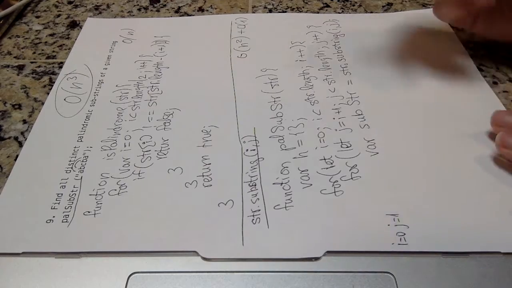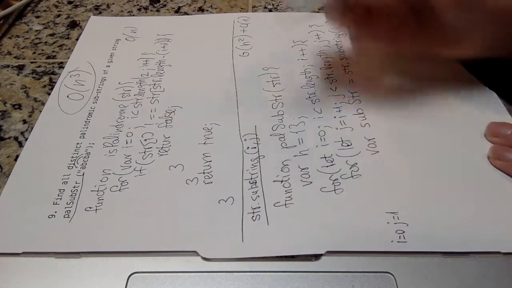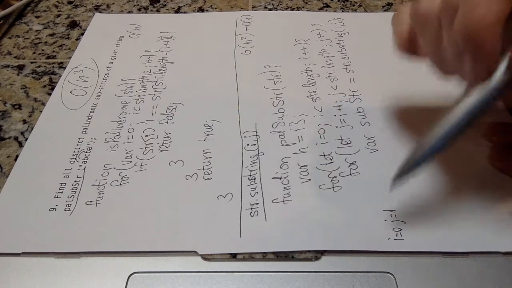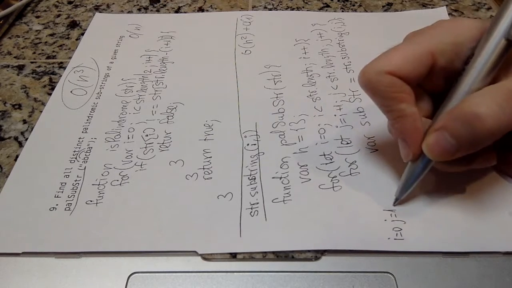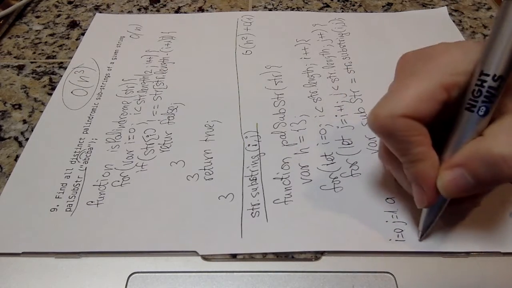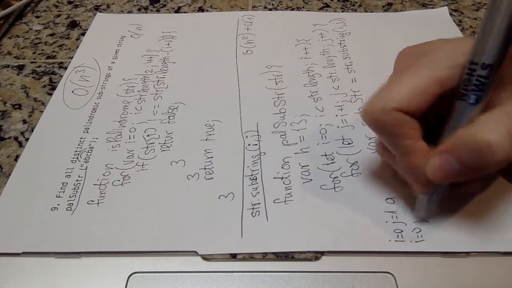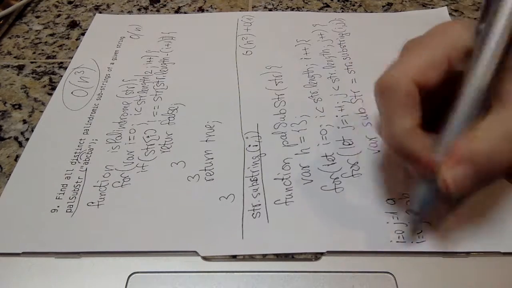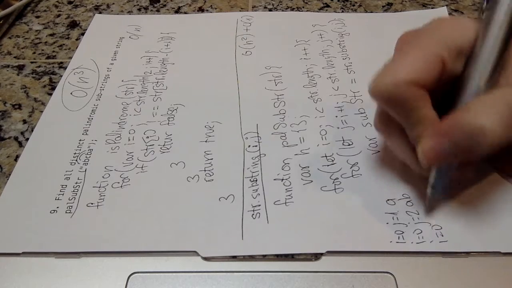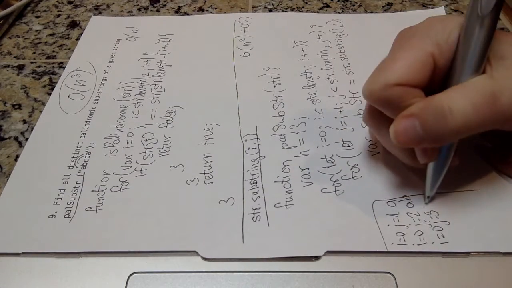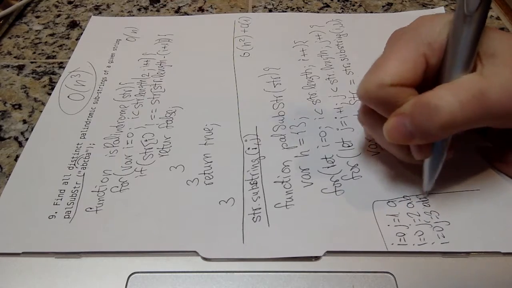This will basically return me all the possible substrings of my string. So if i is 0 and j is 1, then it returns A, and if i is 0 and j is 2, then it will return AB, and if i is 0 and j is 3, it will return ABC.